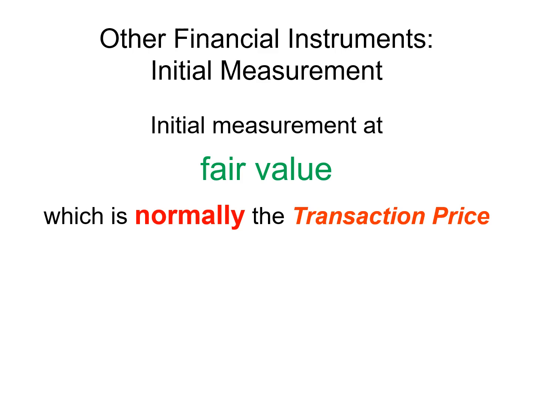We've got two sections that deal with financial instruments, Section 11 on basic financial instruments and Section 12 on other financial instruments. Section 12 applies exactly the same principles and says initial measurement of your financial instruments is always at fair value, which is normally the transaction price.